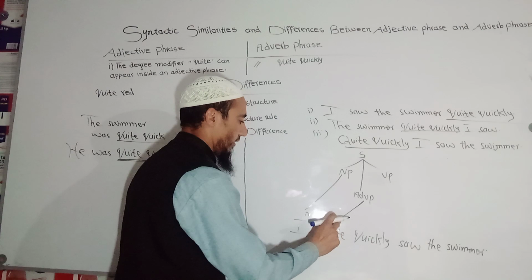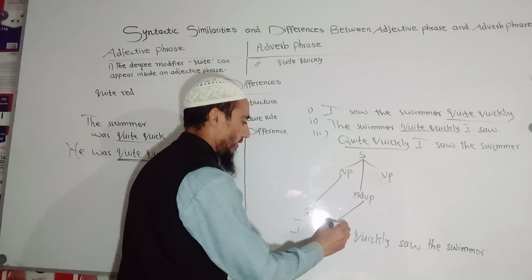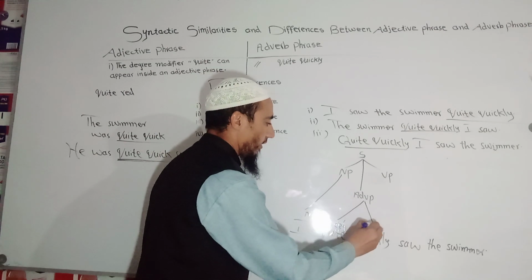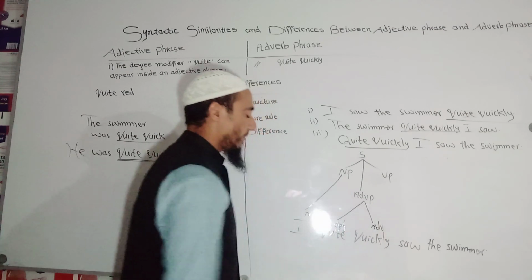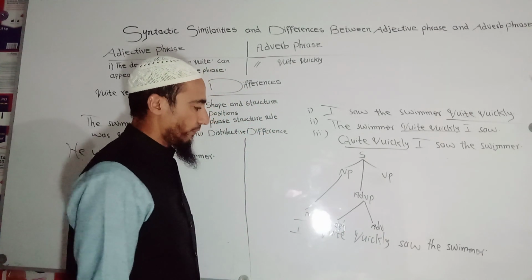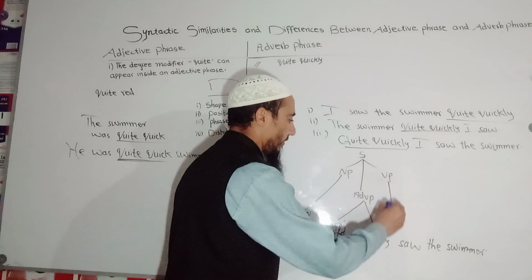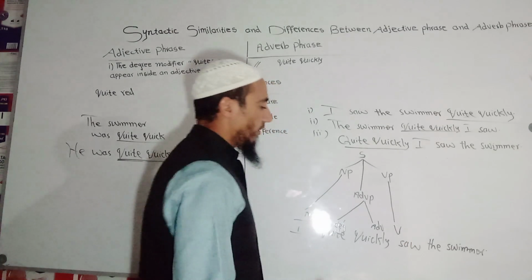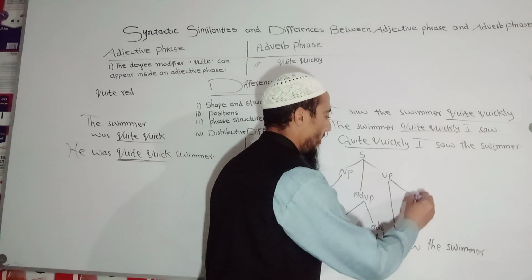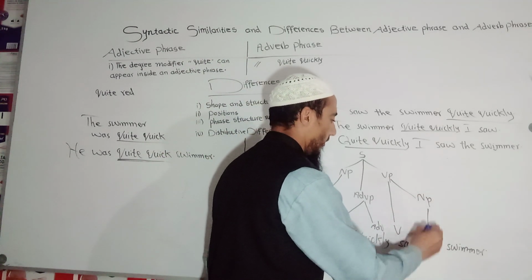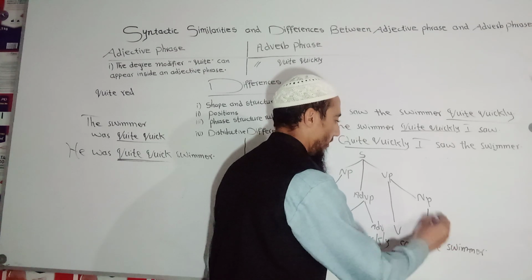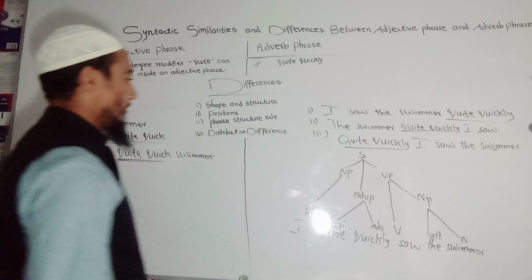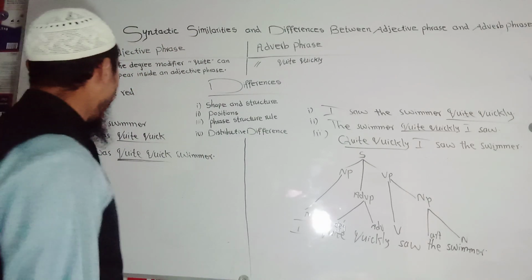Quite is the degree modifier, and quickly is ADV. Then saw is V, verb. The swimmer is an NP, with an article and N, which is noun. So this is the structure.